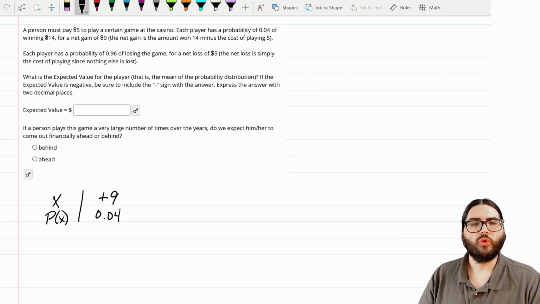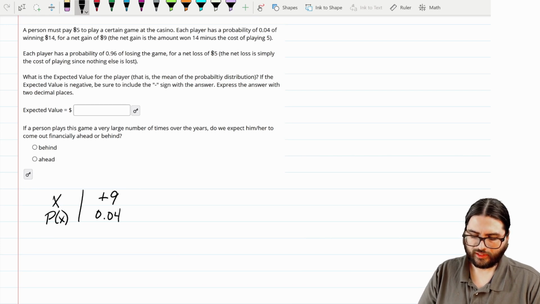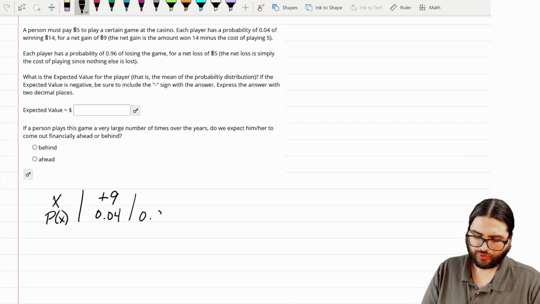So with a 4% chance, I'll end up $9 ahead, but that means there's a 96% chance that I'll lose. And if I lose, then I lose the money that I put up to play the game, minus $5.